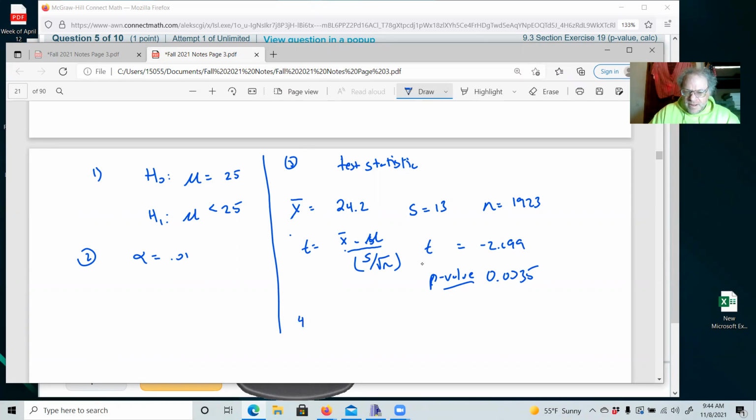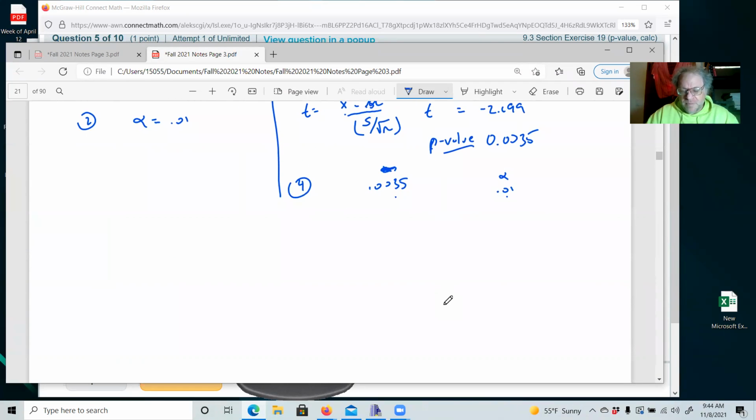Now we're going to be looking at 0.0035, and what was our alpha? Alpha was 0.01. So this is quite a bit less than a penny. This is a penny. So this is a fraction of a penny. It's 0.0035. So the penny would be here. This is actually over some. So we are quite a bit less.